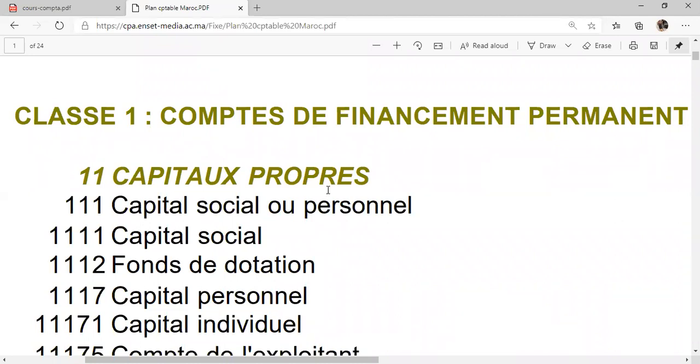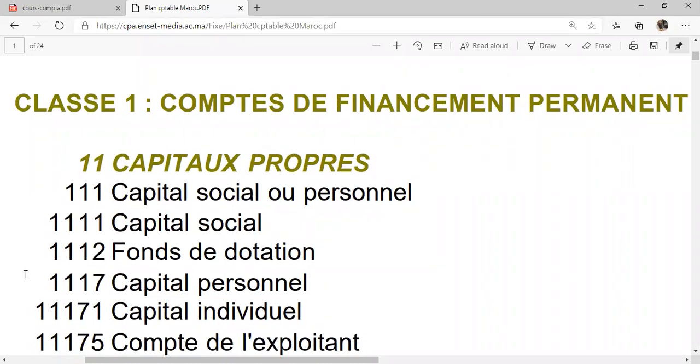So we ended on three figures. Then we have another addition of four figures. Four figures is simply a build up from the three figures. For example here, we have capital personnel, which is 1117.